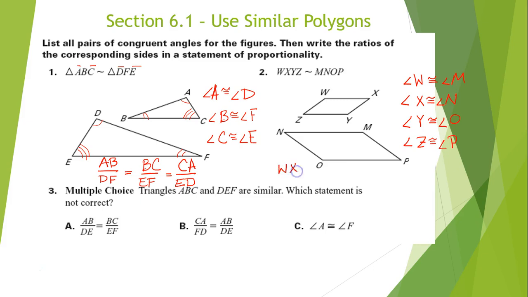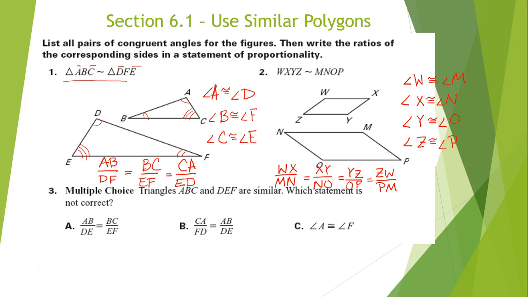So WX over MN, that's equal to the next one, XY over NO, and then YZ over OP, and then lastly ZW over PM. There you go. That is what these directions are telling us to do, is make these statements that we just did.